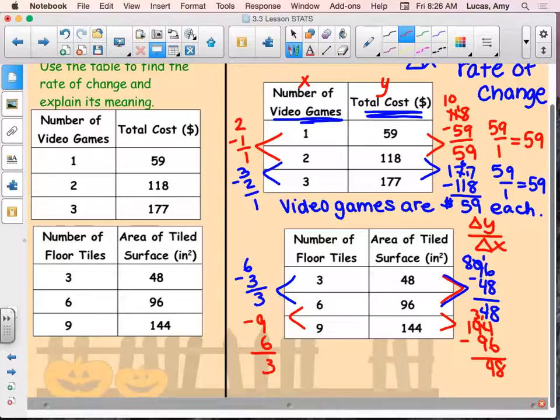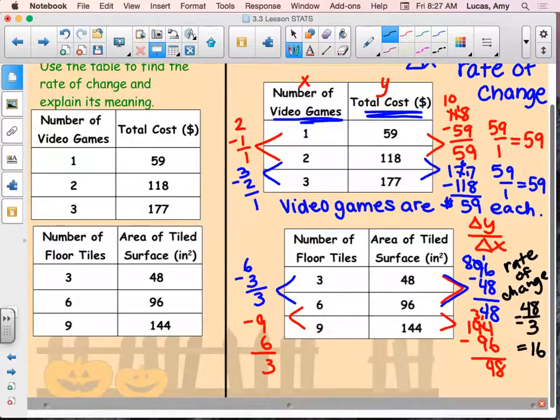Okay, so on this one, my rate of change, I have to divide the change in y by the change in x. So rate of change, my change in y was 48. My change in x was 3. 48 divided by 3 is 16.